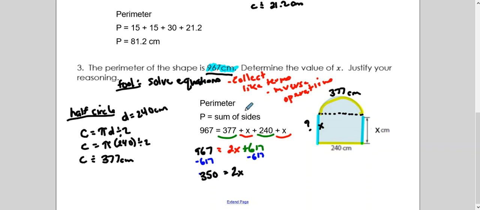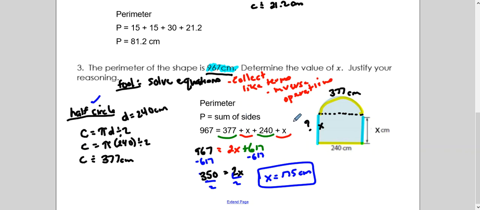All right, now I can divide by 2. There you go. So justifying my reasoning, figure out the half circle, making up an equation.